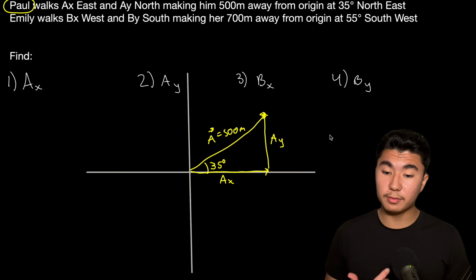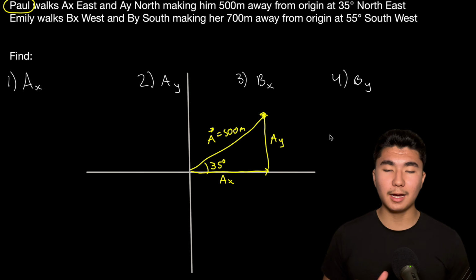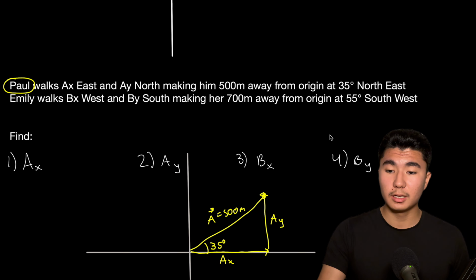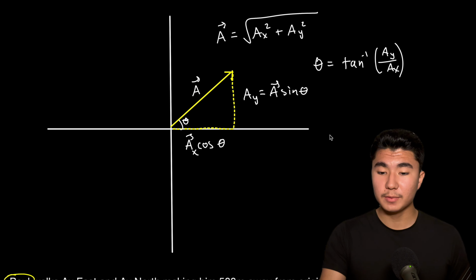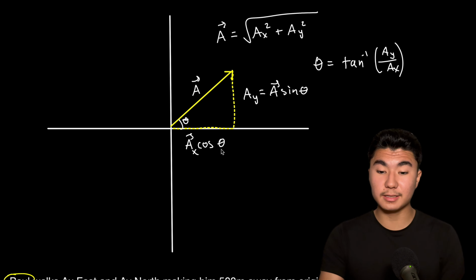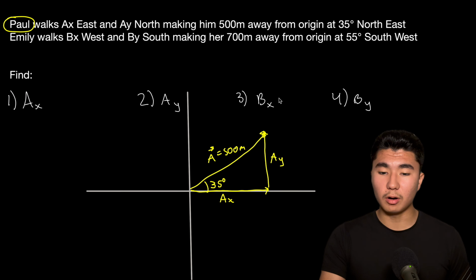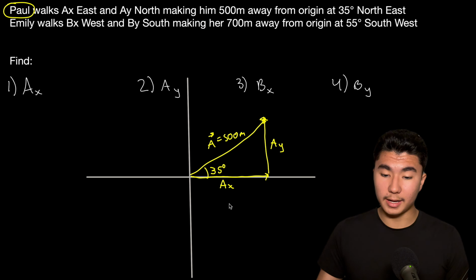Now the question is, how do we find our AX, AY? If we look back at our equations, AX equals A cosine theta, AY equals A sine theta. So our AX is going to be 500 cosine 35, and over here our AY is going to equal 500 sine.